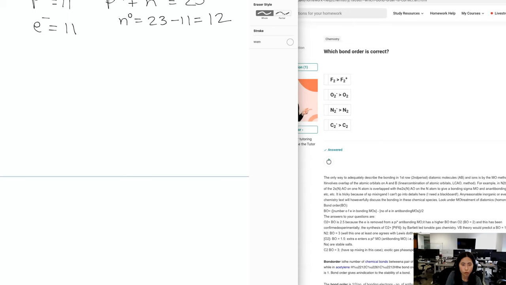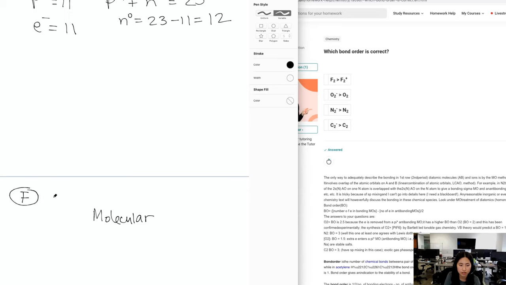A molecular orbital is a result of atomic orbitals overlapping, and that's why you get molecular orbitals, right? For example, if you have F2, two fluorine orbitals will overlap, and then they would form a molecular orbital. So that's basically what it is.